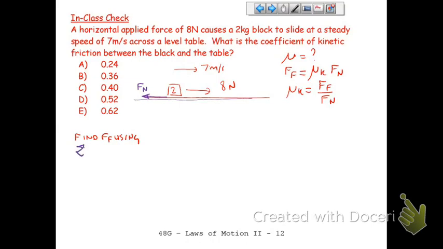The sum of the forces horizontally is equal to, steady speed, 0, no acceleration. Plus 8 added to minus FF is equal to 0. FF is equal to 8 newtons.